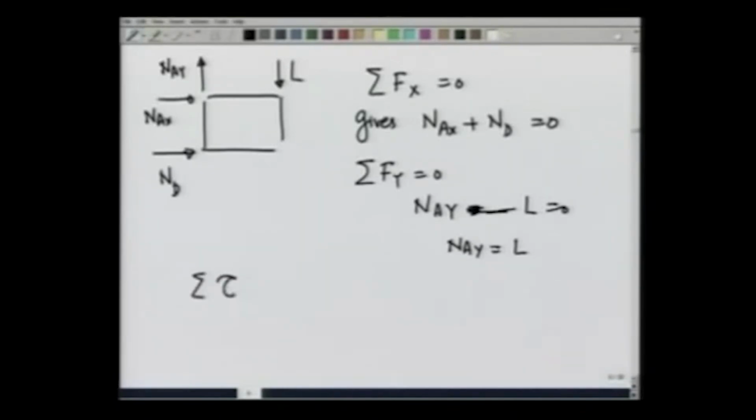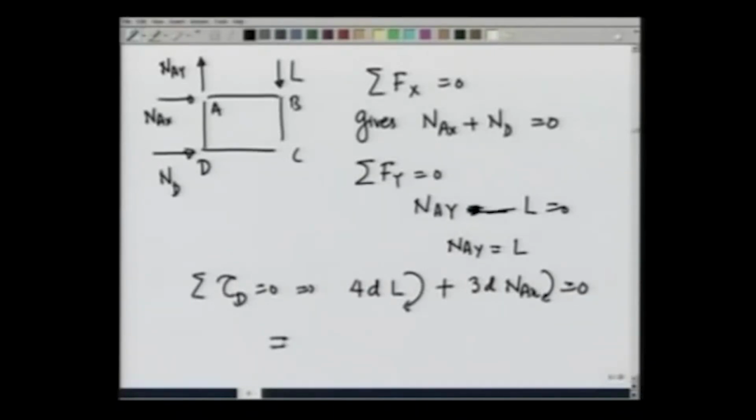Summation torque about D, this is point D, A, B, C, equal to 0 gives 4D times L clockwise plus 3D times NAX also clockwise should be 0, and this implies that NAX equals minus 4/3 L, and the minus sign tells you that its direction, let me make the good direction with red, should be this way.